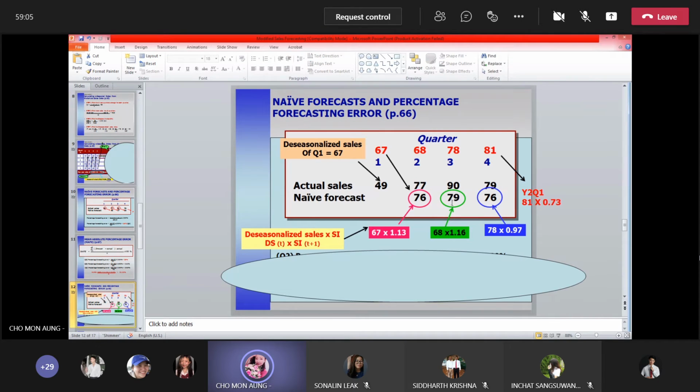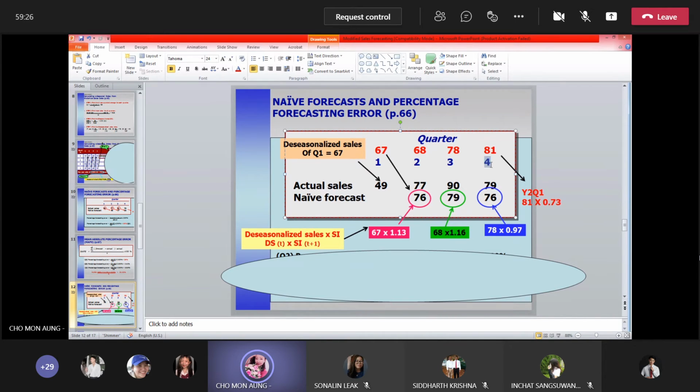Now we are going to forecast for quarter three. Therefore, we adjust it back by multiplying with the quarter three seasonal index. So this is for quarter three. So quarter four, the same thing.